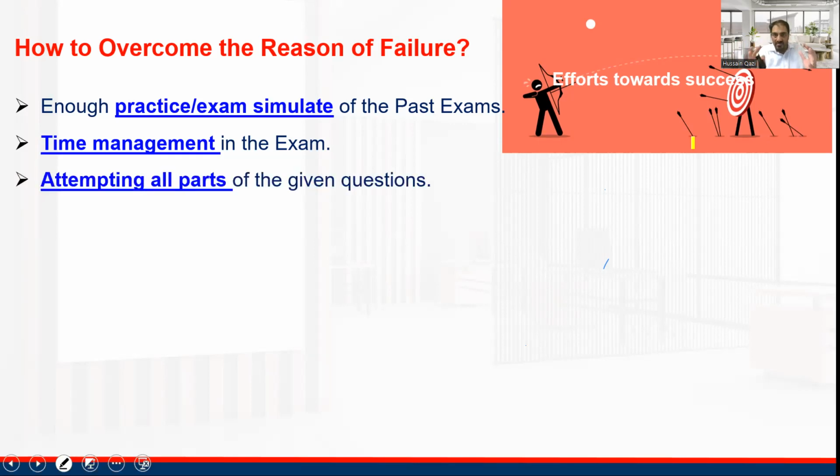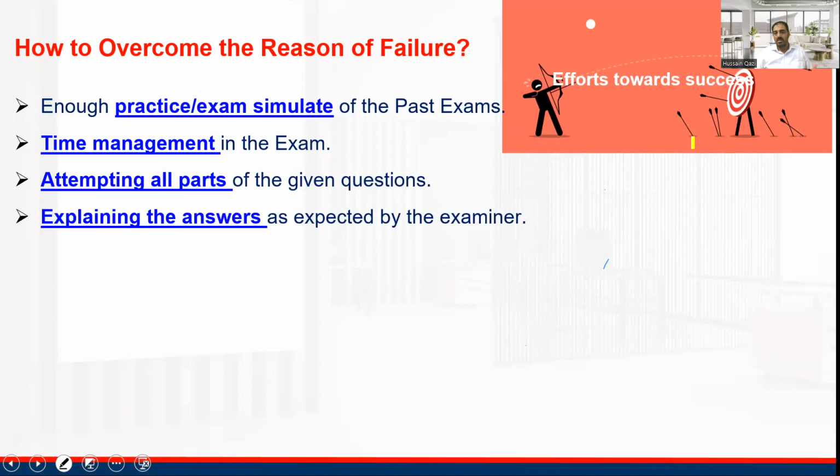If you attempt with this exam simulation manner, locking the timer and attempting, you will be able to practice attempting all parts of the question. Drafting techniques, explaining the answer: I will also provide support on how to draft the answer.